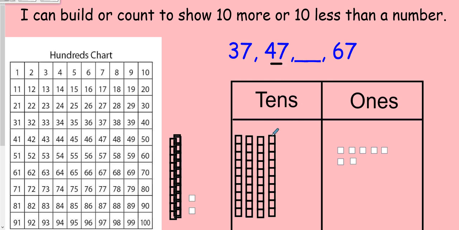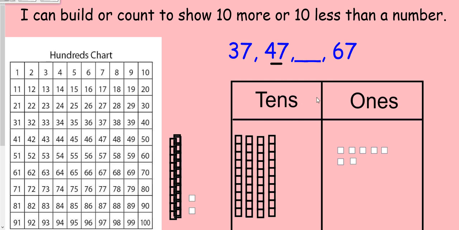First thing we would do is build 47. 47 has 4 tens, so I built 4 tens on my chart in the tens place. 47 has 7 ones, so I built 7 ones on the ones place on my chart. Now I noticed that my tens were changing, so I know that I'm going to be counting by tens. I'm going to be thinking 10 more than 47 if I want to show 10 more than 47.